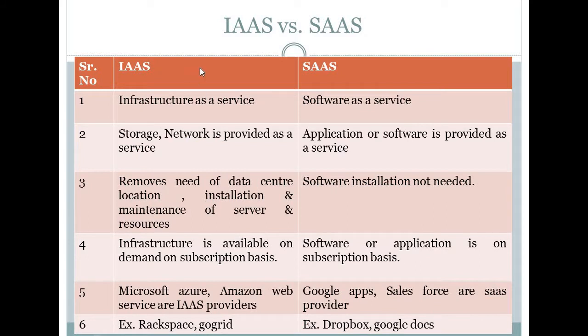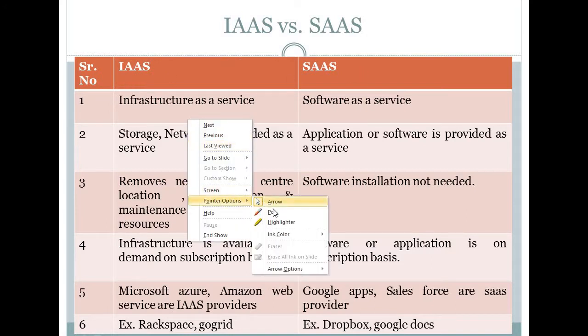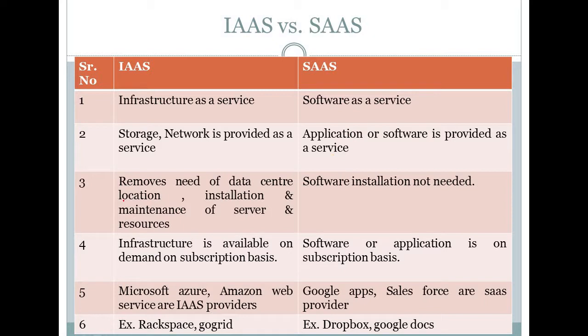Now the difference between IaaS and SaaS. Infrastructure as a Service and next, Software as a Service. Storage and network are provided as a service, and here the application. Third, there is no need to maintain a data center.